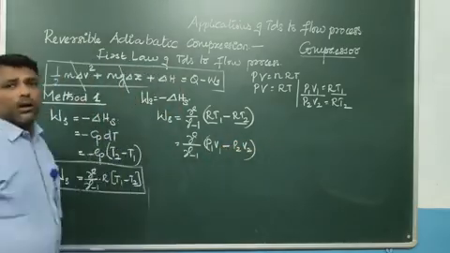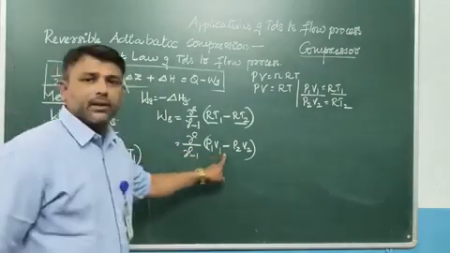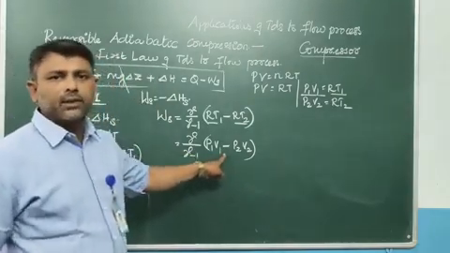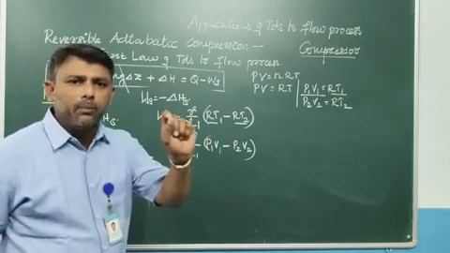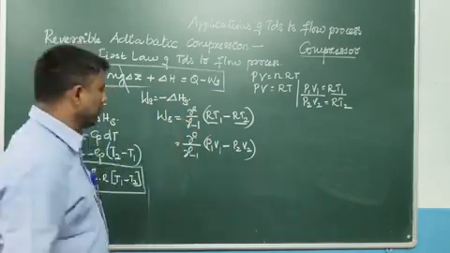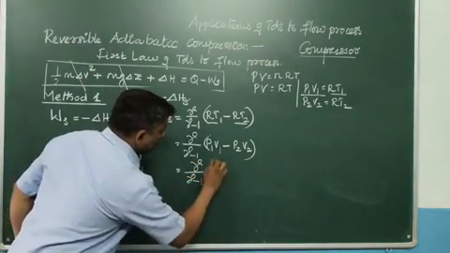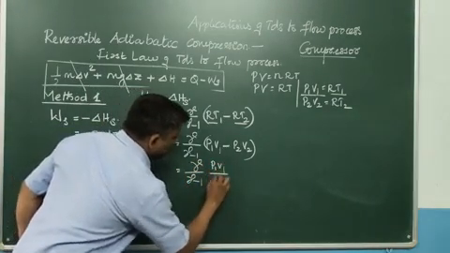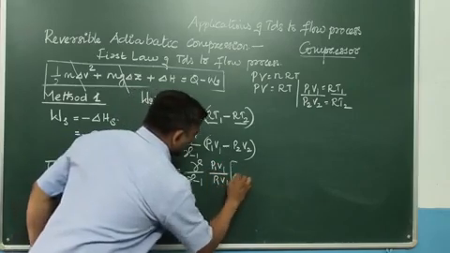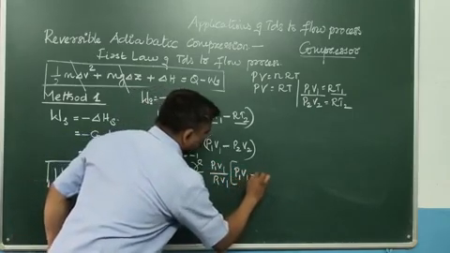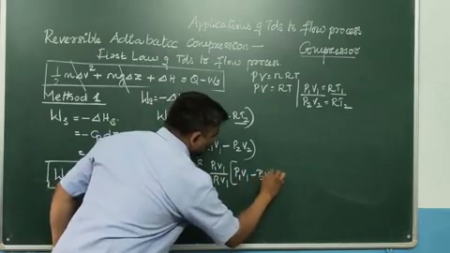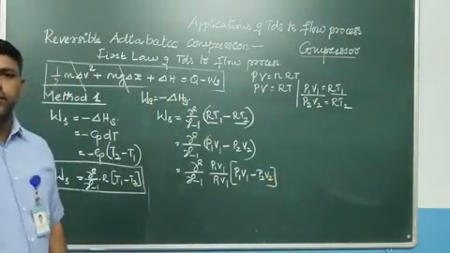Clear? For simplification of this equation, I am going to multiply and divide by P1 V1. Gamma divided by gamma minus 1, P1 V1 divided by P1 V1, into P1 V1 minus P2 V2. Clear? There is no change in this equation.